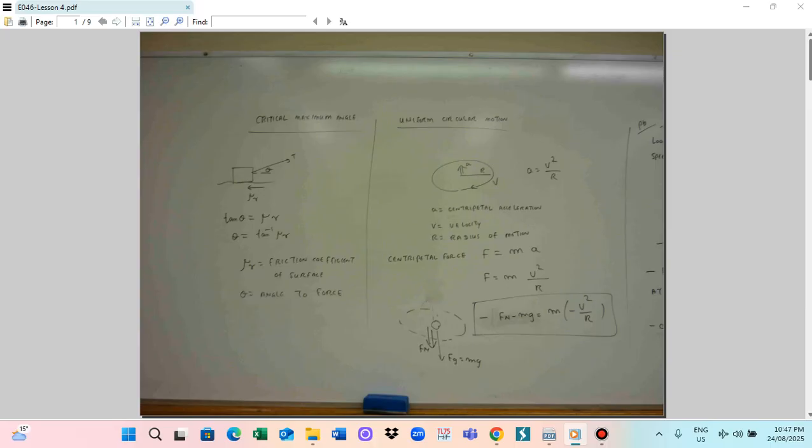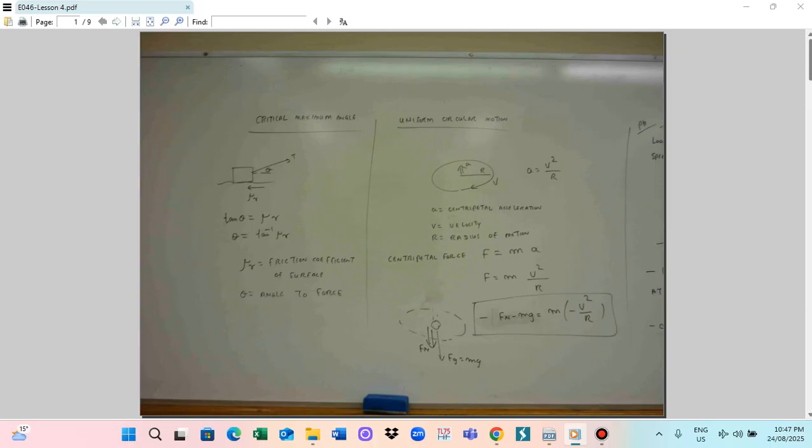In the meantime, we can also calculate the force. The centripetal force F is given by the formula mass times acceleration, F equals m a.